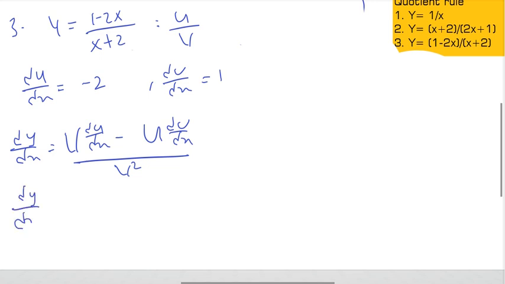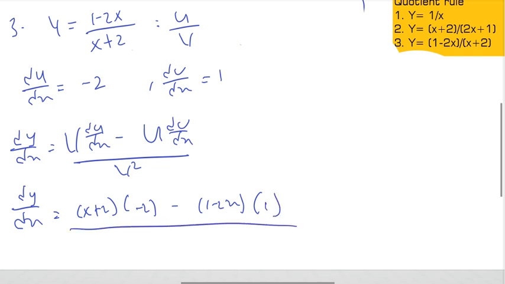So dy/dx will be equal to our v, which is x plus 2, multiplied by du/dx, which is minus 2. Then we have minus our u, which is 1 minus 2x, multiplied by dv/dx, which is 1. Then everything here is going to be over v squared, which is (x plus 2) all squared.